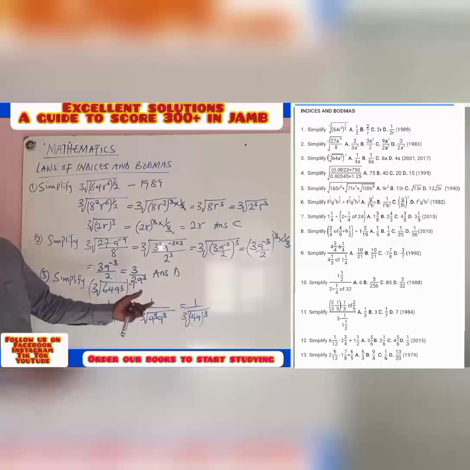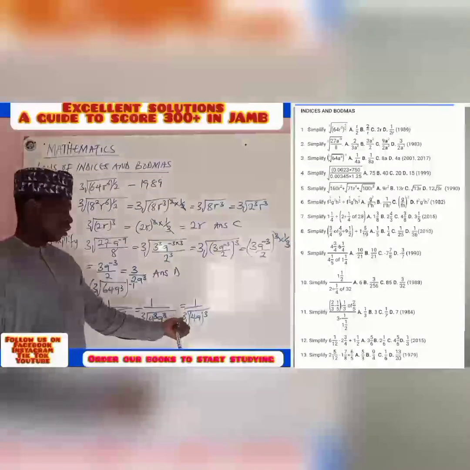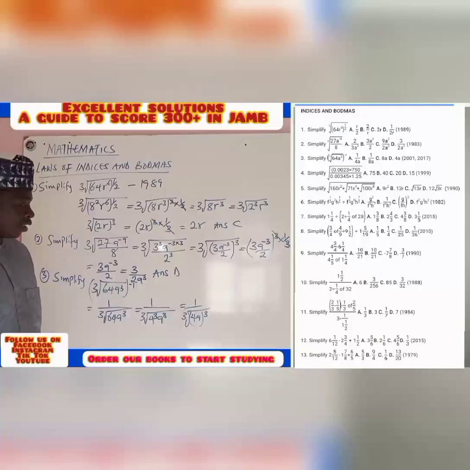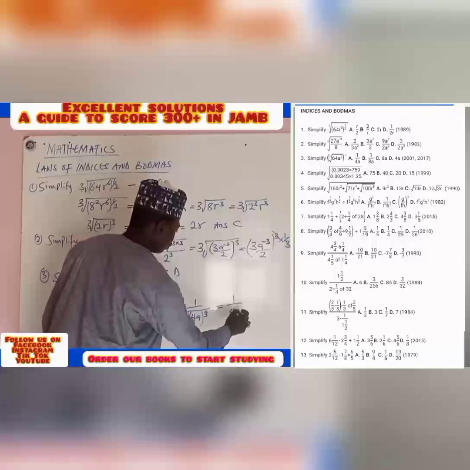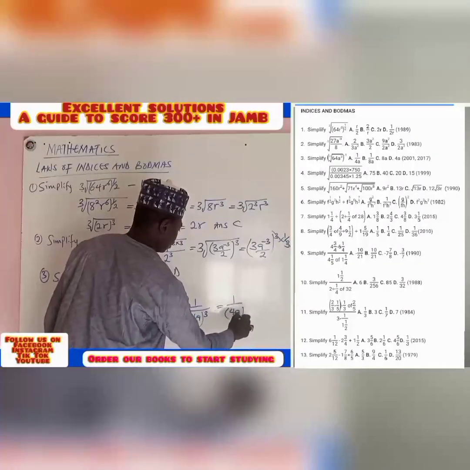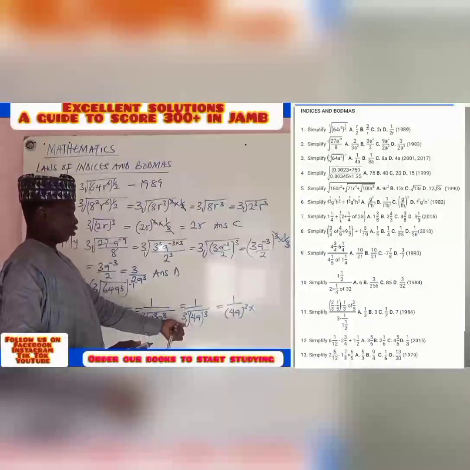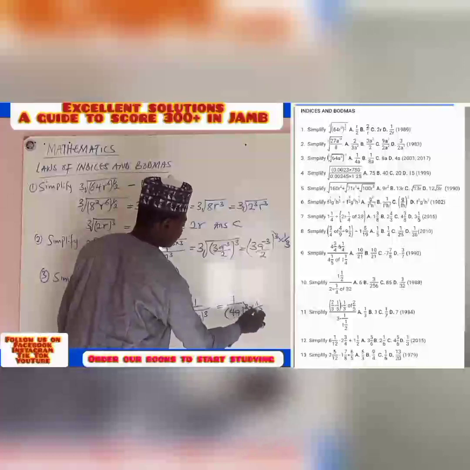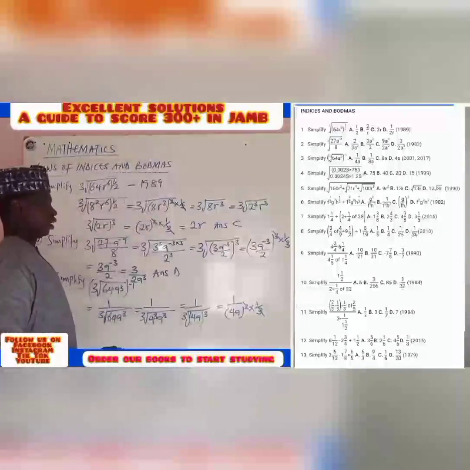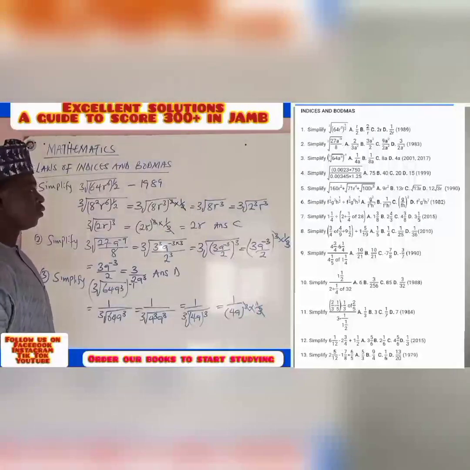And all we have been going through, we said cube root is the same as power 1 over 3. So we can now reduce this as equals to 1 over 4a power 3 multiplied by, instead of this cube root, 1 over 3. And 3 cancels 3. We are now left with 1 over 4a.